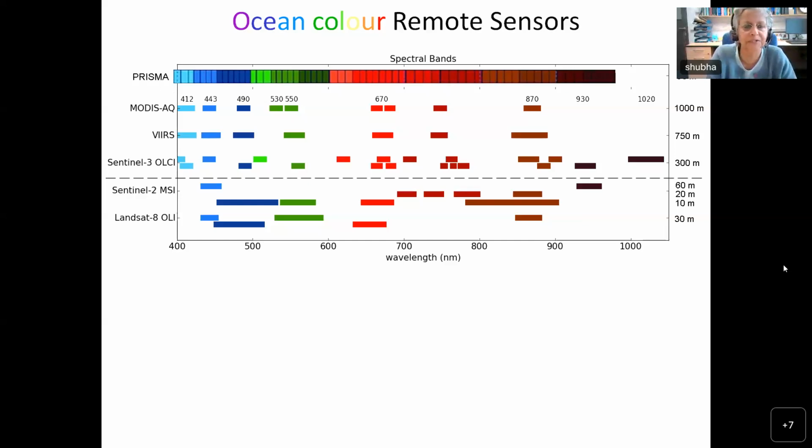One example might be nutrients. Nitrogen compounds, some of them have an absorption in the UV part of the spectrum, but they don't absorb in the visible part, so you can't detect nutrients from space. So that's the general rule of thumb.